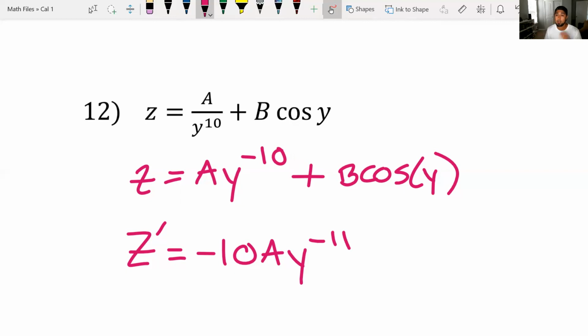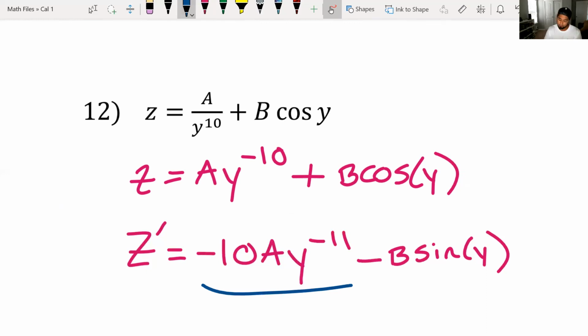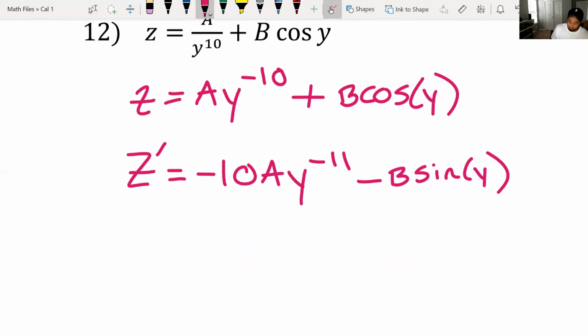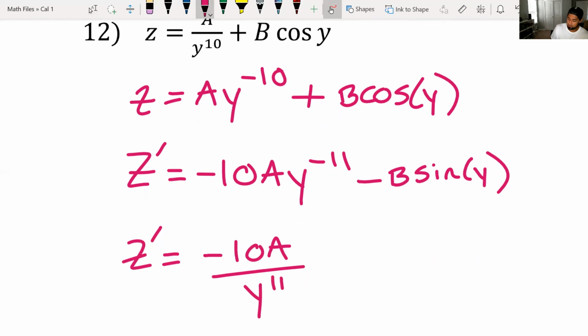Only look at cosine. The derivative of cosine y is going to be negative sine y. So you're going to get negative b sine y. Now the only one we have to rewrite is this one because of the negative exponent. So our final answer is z prime is negative 10a over y to the 11th minus b sine y.